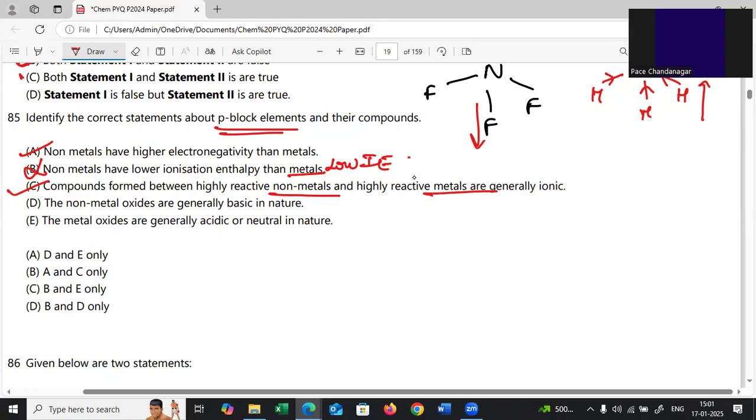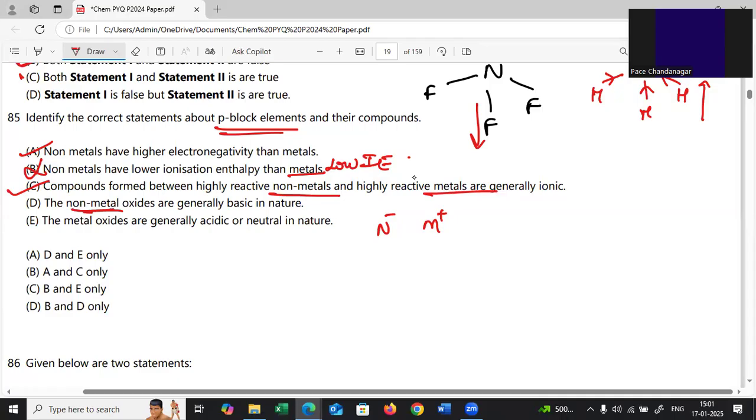Next, option C: compounds formed between highly reactive non-metals and highly reactive metals are generally ionic. Correct. Highly reactive non-metals have the tendency to take up electrons and become negative, and metals will have the tendency to lose electrons and become positive, and there will be attraction between them. Yes, option C is right. This is also from your chemical bonding chapter from the first year. Next, the non-metal oxides are generally basic in nature.